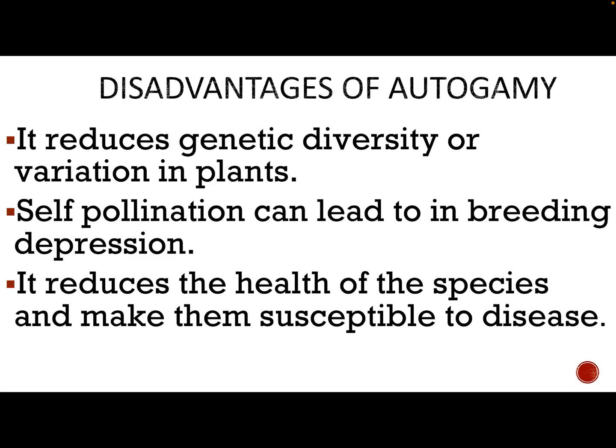So it is called inbreeding depression. When in self-pollinating plants there are changes in the environment or a pathogen comes, the resistance is very low and they are susceptible. Susceptible means prone to disease. They are very likely to get disease.